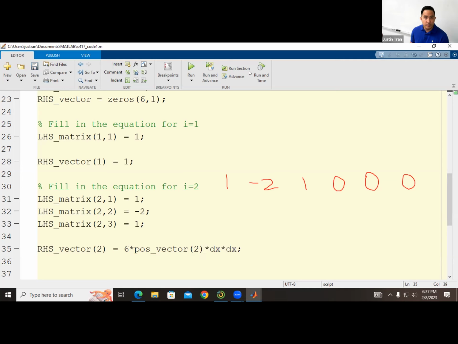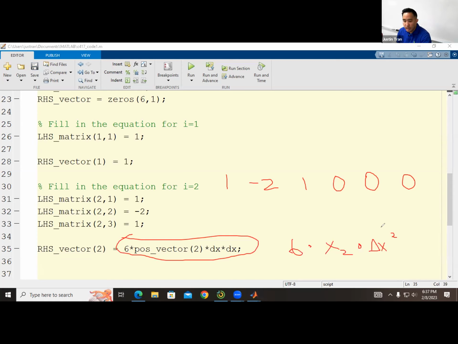So this right here is 6 times x2 times delta x squared. If you look back in your notes at the right-hand side vector for that second row, that's exactly what we have over there.